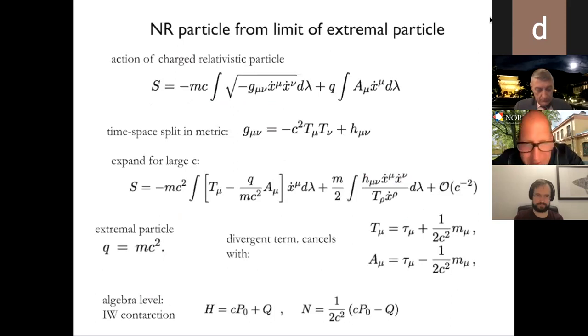At the algebraic level, what this procedure and also this field redefinition entails is that you redefine your original momentum and the original charge operator Q into a new Hamiltonian and a mass generator N, and then you take the c going to infinity limit. Now at the algebraic level, that means you're doing an Inönü-Wigner contraction.